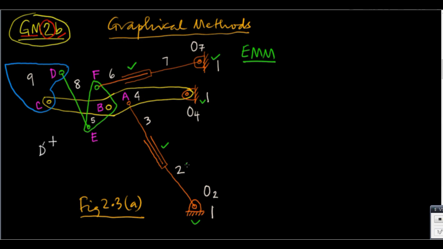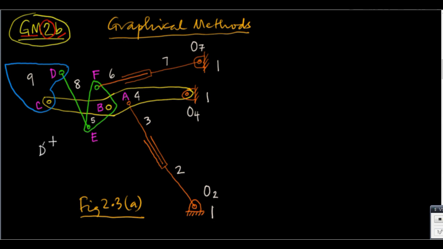This 2, 3 together is one hydraulic cylinder. 6 and 7 together is one hydraulic cylinder. And now that we have identified those, let me get rid of some of these extra drawings. Now this arm here, all the way here, drawn in yellow, that is link 4.